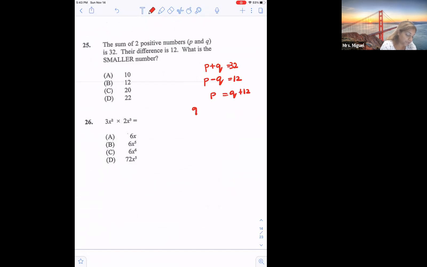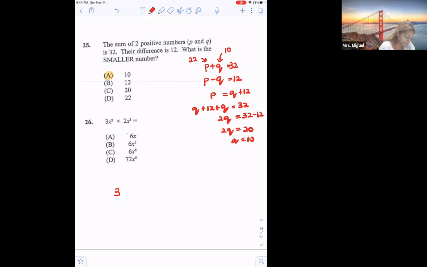So Q plus 12 plus Q will give me 32. So 2Q is equal to 32 minus 12. 2Q is equal to 20, and Q is equal to 10. If Q is 10, then P is 22. The smaller number is 10.